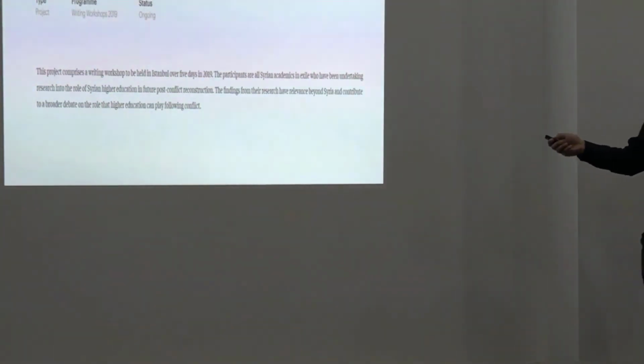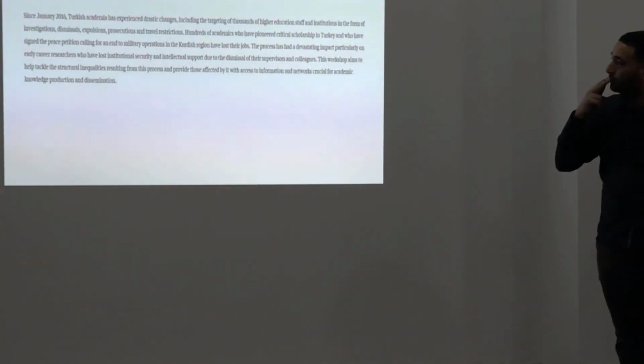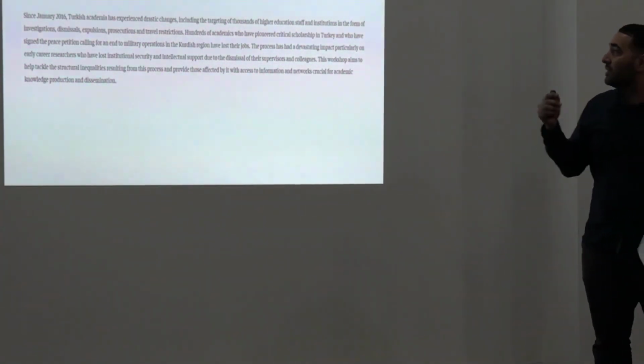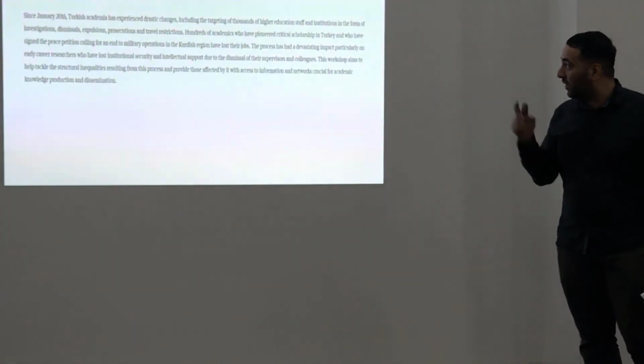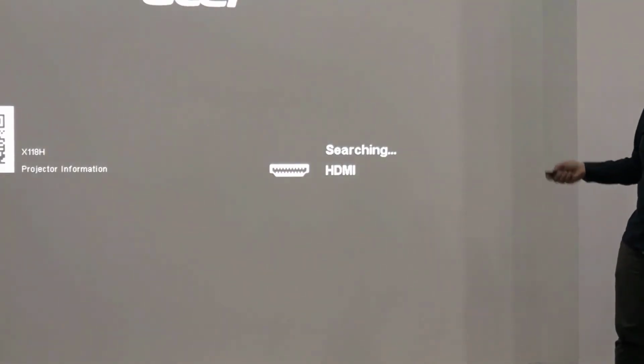All right. This is another project that was funded under the writing workshop. So he starts with history. Since January 2016, Turkish academia has experienced drastic changes, including the targeting of thousands of higher education staff and institutions in the form of investigations, dismissals, expulsions, prosecutions, travel restrictions.